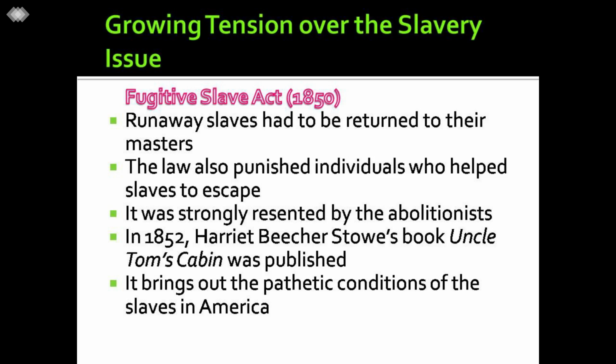In 1852, Harriet Beecher Stowe's book Uncle Tom's Cabin was published. It described the pathetic conditions of the slaves in America and roused widespread popular resentment against slavery.